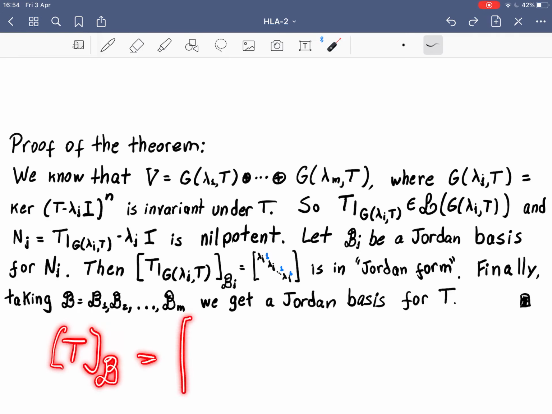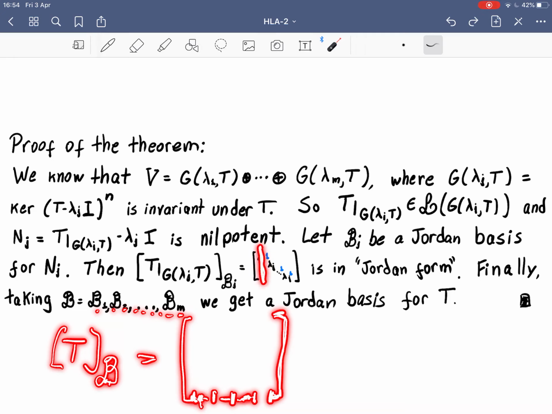And then you think about it, if you take a vector in B, it will be in one of these blocks. Okay? So it can be in the first block, or it can be in the second block, or it can be in the last block, or in any block in between. If you take T of that vector, what is it? Well, it is exactly this linear combination of the vectors on the same block.